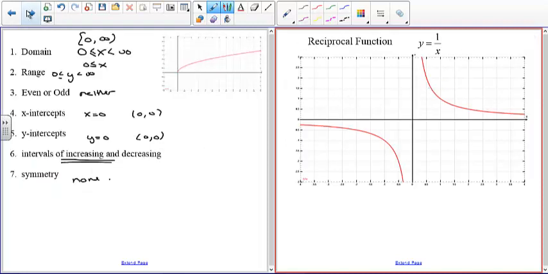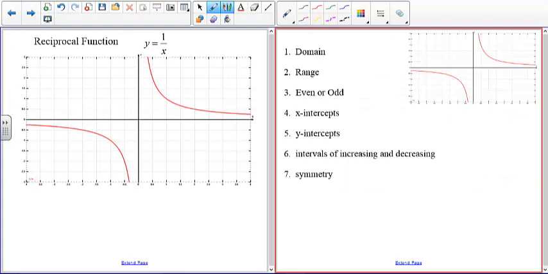The reciprocal function. So the domain of the reciprocal function is all real numbers except where we have the vertical asymptote, which is x equals 0. So the way you do that is you go negative infinity to 0 and 0 to infinity.